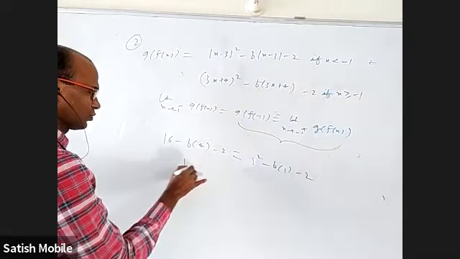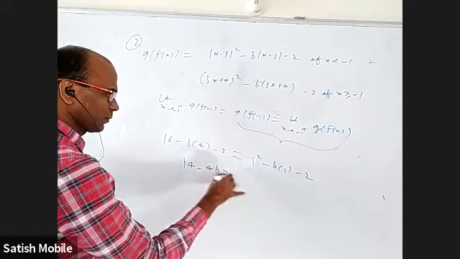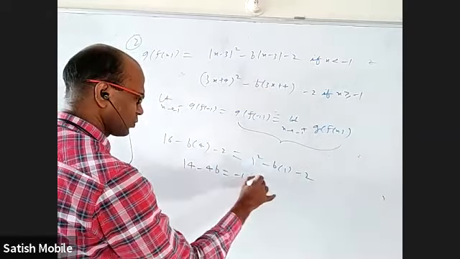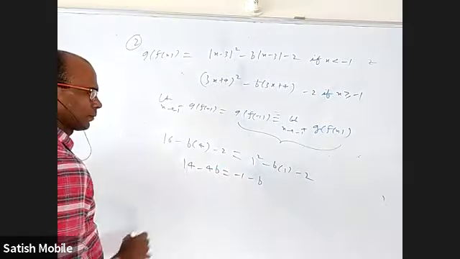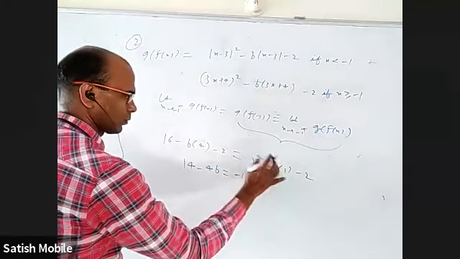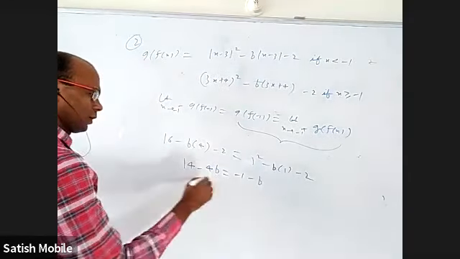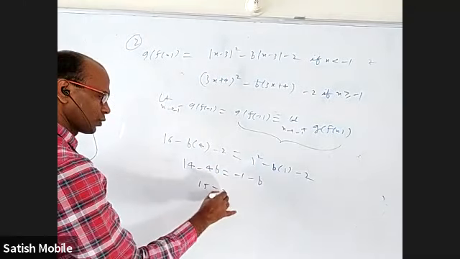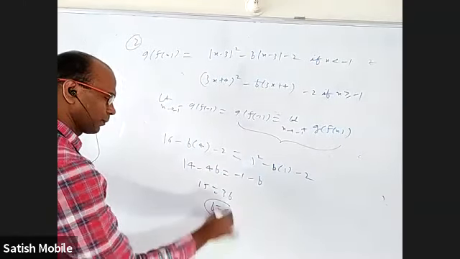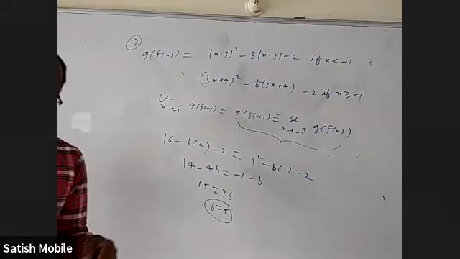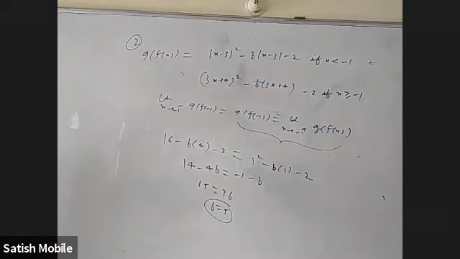So 16 minus 2, 14 minus 4b is equal to minus 1 minus b. That is 15 equal to 3b and b equal to 5. So that's it. When b equal to 5, then only it is continuous. It's a numerical question. Except for very few questions, most of the continuity questions are very easy, not at all difficult.